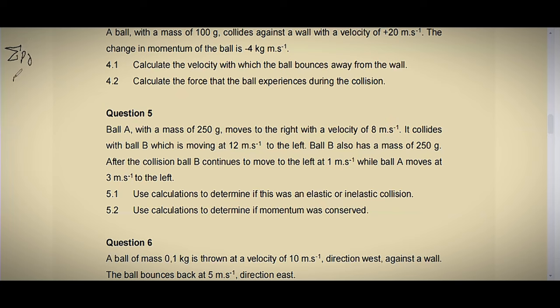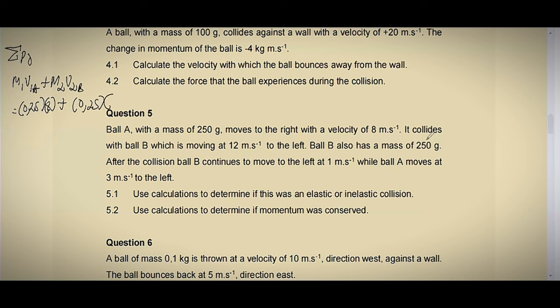So this would be m1v1 of A plus m2v2, that's B, initial. Then what is our mass? Our mass is 0.25. Then our velocity again is 8. And then we have mass number 2, that's 0.25 as well.